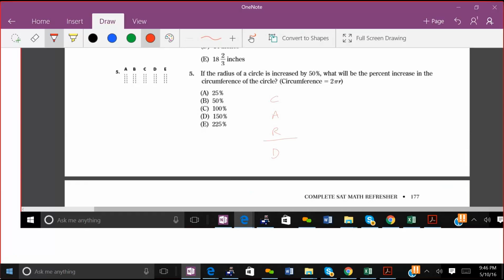The interesting thing about CARD is all you need to know is one of these 4. If you know one of these 4, you can find everything else about the circle. Just find out R from that, and then find out the rest of it. Right.